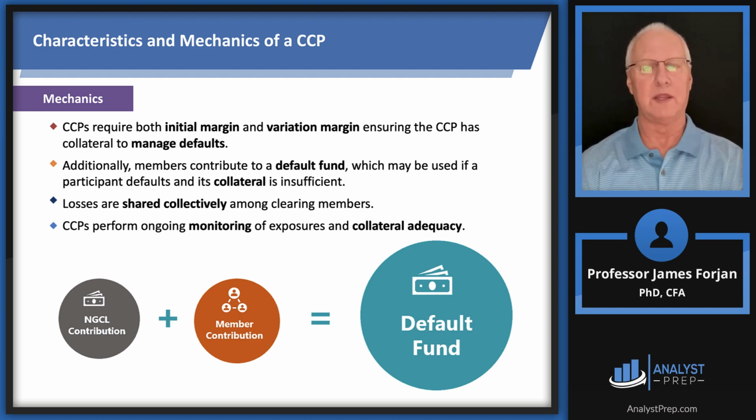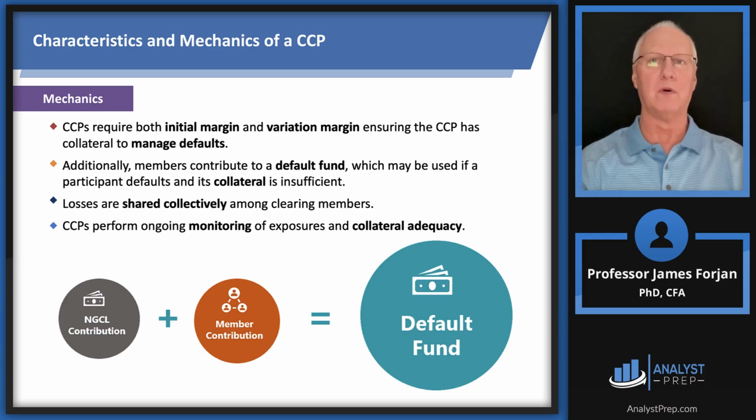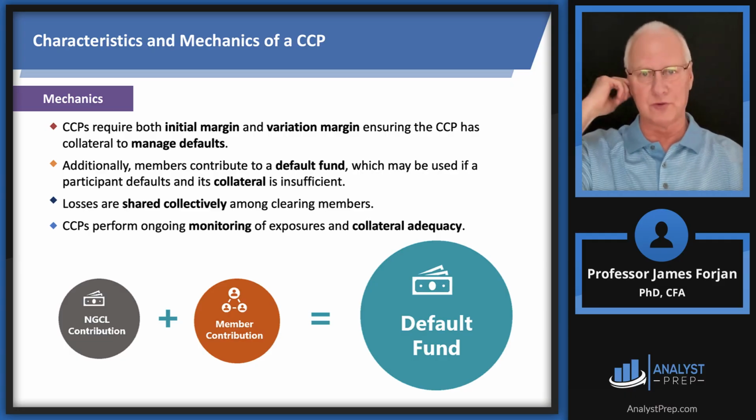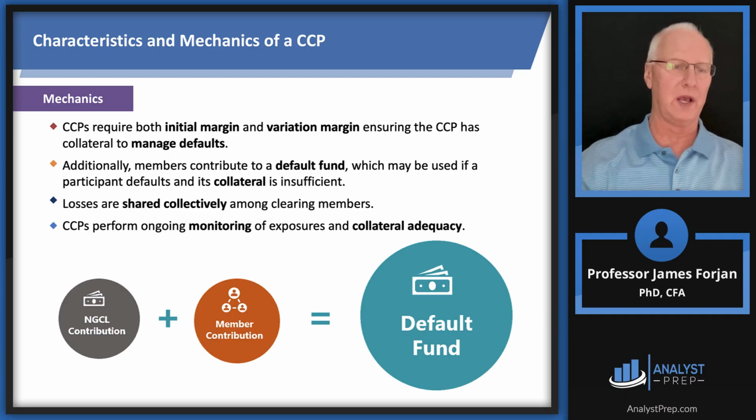Now look over on the right, there's this default fund. So what does the CCP do? The CCP says, you know what, we have our own capital, but every time two organizations or two individuals trade, we're going to say, if you guys are trading something for $100, we want you, each of you, to pay us a dime.